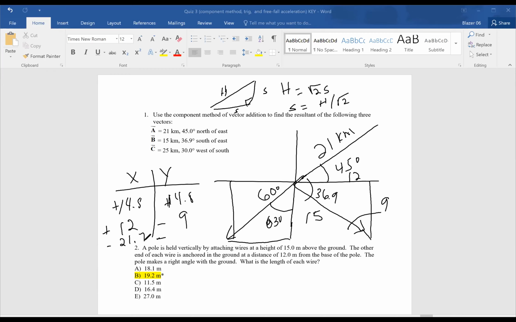I want you to know that these exist so that in the exam, not just this exam, but you will see the use of these triangles, the 3, 4, 5, the 45, 45, 90, and the 30, 60, 90. You will see these throughout your career as engineers and physicists, because these are so common and they're often used.